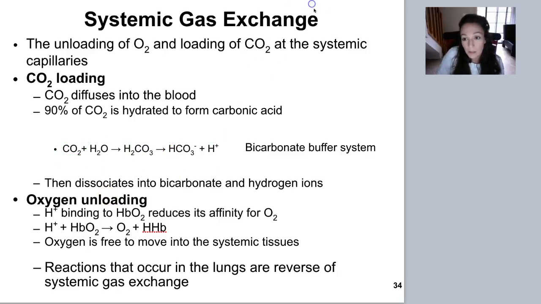Let's do another example. Let's say that right now in our body we are exercising. And when we exercise, we produce a lot of hydrogen ions. Okay. So right now, we have just a little bit too many hydrogen ions in our blood, okay, high concentration. So which way will our equation shift to come to equilibrium? Naturally, on its own. We don't really need anything to make this happen. It wants to do this on its own.